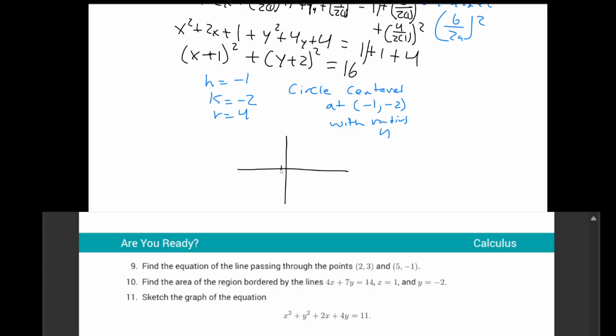So x is -1, y is -2. So this is our center here. Our radius will be 4 units. So it'll go all the way to 1, 2, 3, 4. Yeah, so this is how it'll be. Something like this.